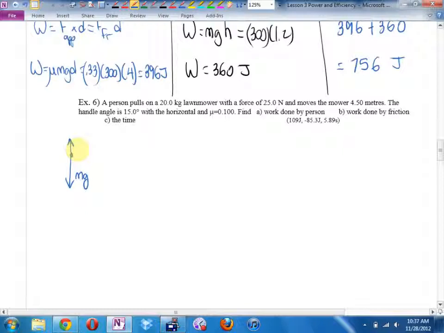What else? Well, there's the applied force, the person pulling up. And how big was that? 25. What else? Oh, there must be friction. There is my free body diagram.